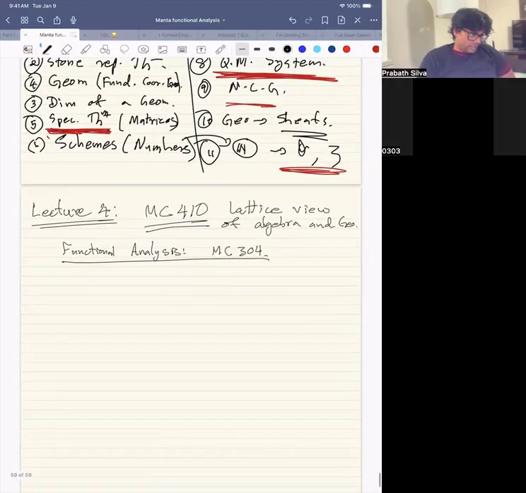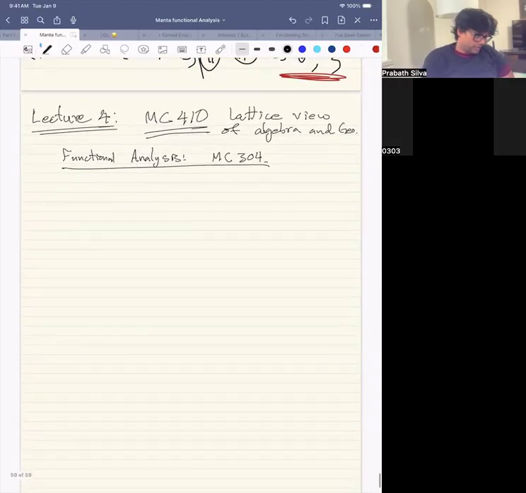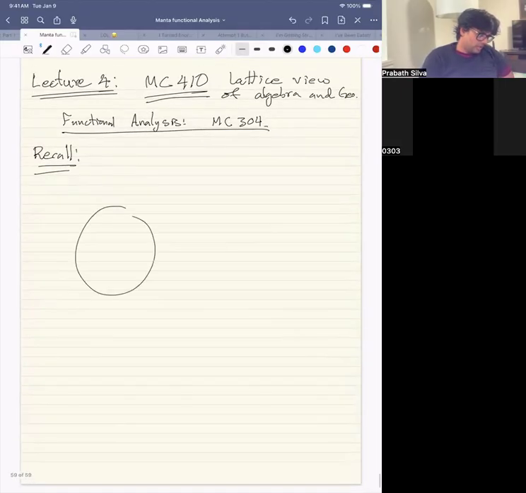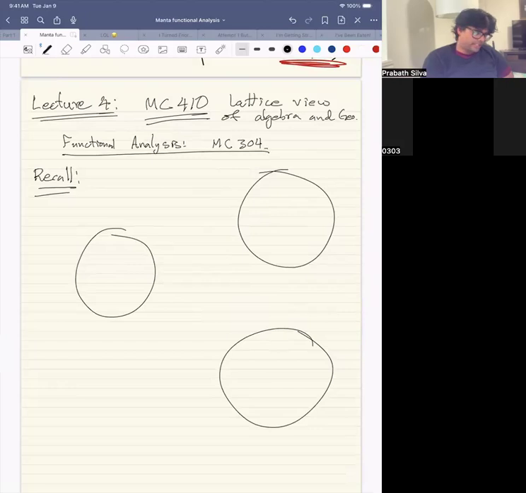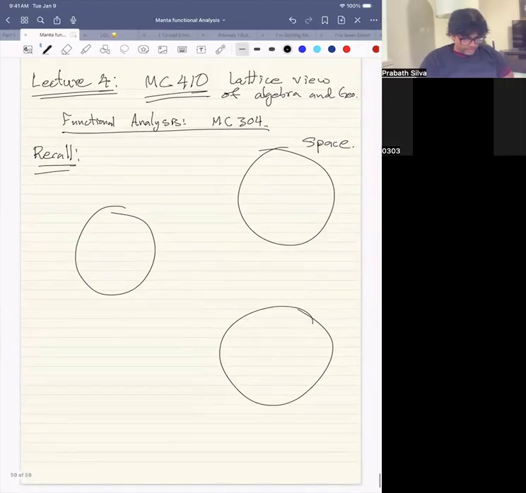Okay, now let me recall where we were. There are concepts on this side, let's call this space. Then concepts on this side, algebra. And then concepts on this side, lattice, or partial orders, right?